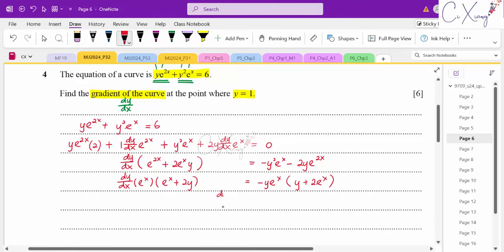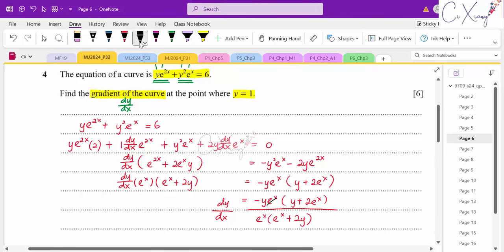Okay, then because my final aim is to get the value for dy dx, I bring all the things over to the other side. Okay, so this is basically the dy dx that I get. I think you can still further simplify something else, right?